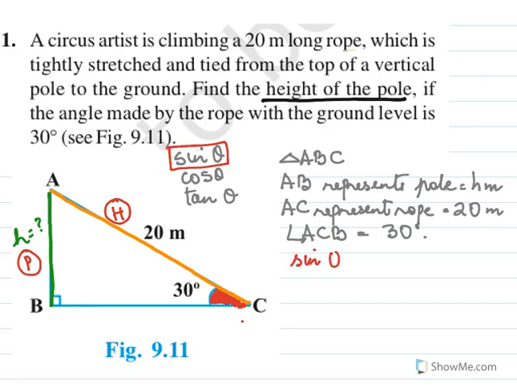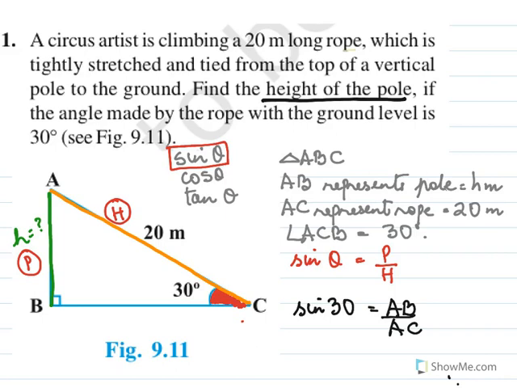We say sin theta equals perpendicular over hypotenuse. The theta here is 30. The perpendicular for C we have already seen is AB, and the hypotenuse for C is AC.